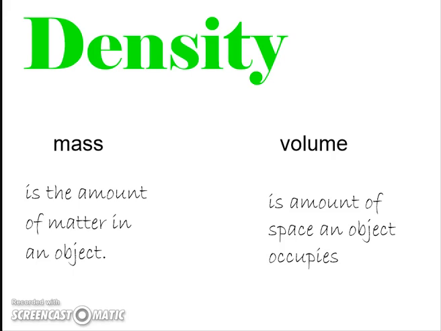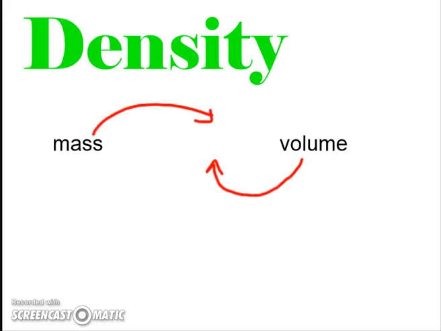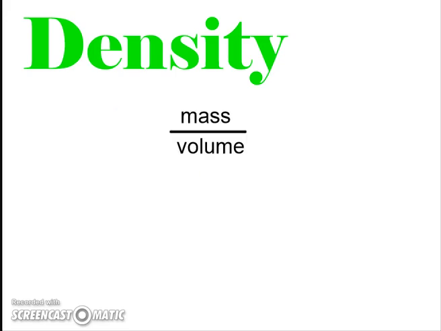But volume is the amount of space it takes up. Okay, so to find density, we find both of these values and we put them in a ratio. Remember, it's a ratio, and it's mass over volume. We show density with a capital D, mass with a small m, and capital V for volume.